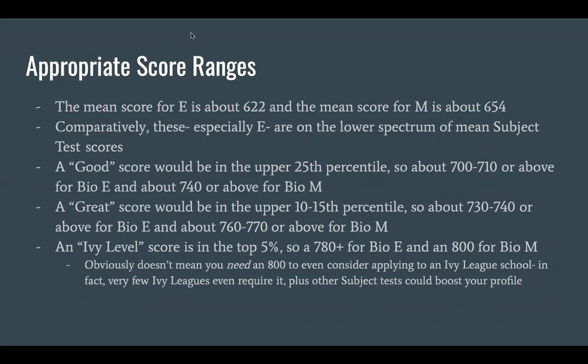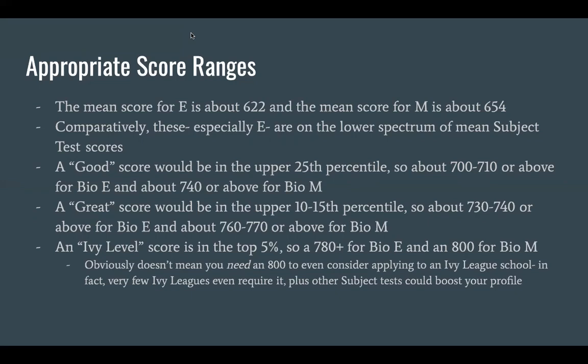I would say the median is about 650 to 700, but on the lower side, especially the lowest, are about 610 to 620. So of course, that means that these tests are going to be slightly harder than normal subject tests would be. Not that I expect you guys to already have taken subject tests, of course not. But if you have taken subject tests or practice subject tests, just know that these are going to be just a little bit harder.